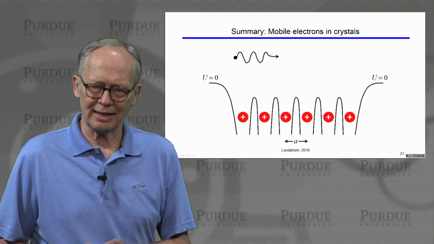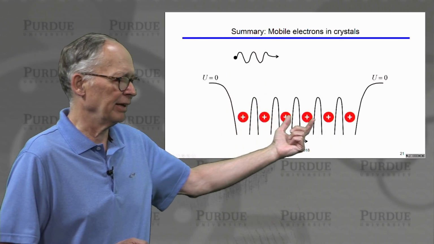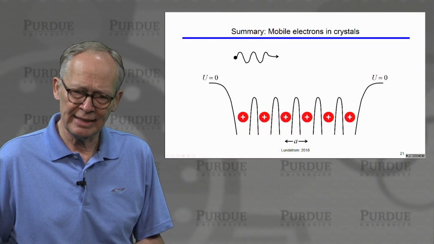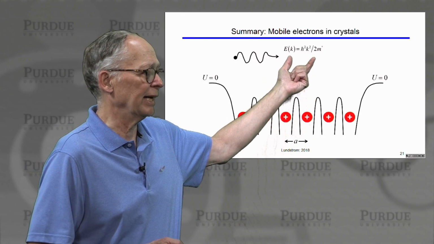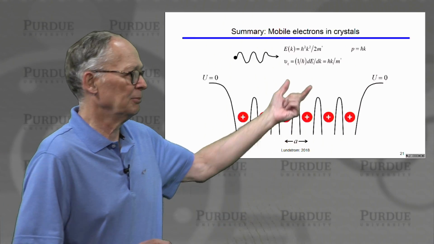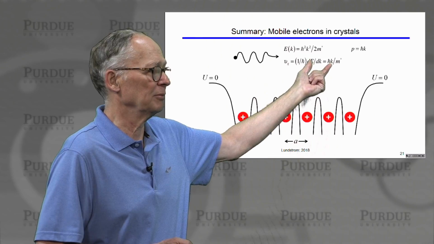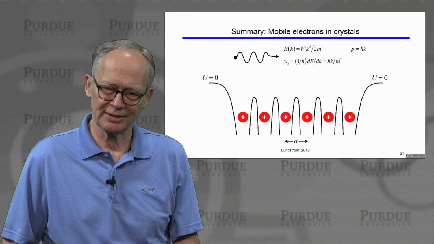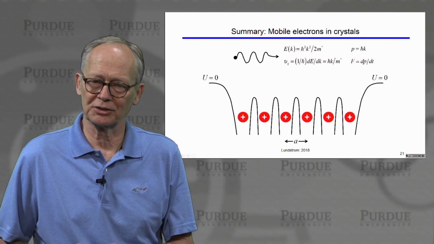So this very complicated situation where electrons are moving within a very complicated potential that varies on the scale of the electron wavelength can be simplified greatly into a very simple relation between energy and momentum, and a very simple way to describe the velocity of this electron as simply momentum divided by mass. So this enormously simplifies our task in computing and understanding the properties of semiconductor devices.